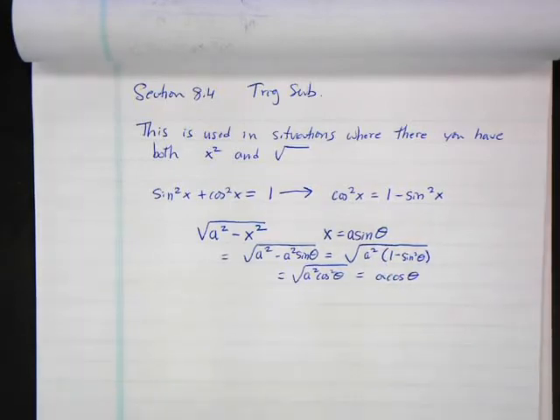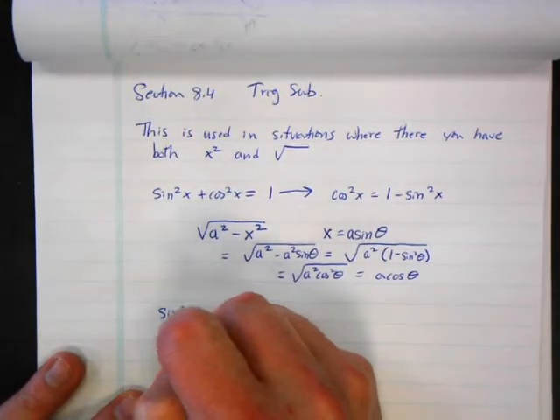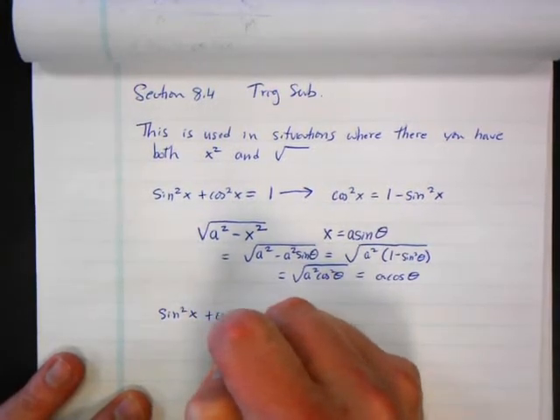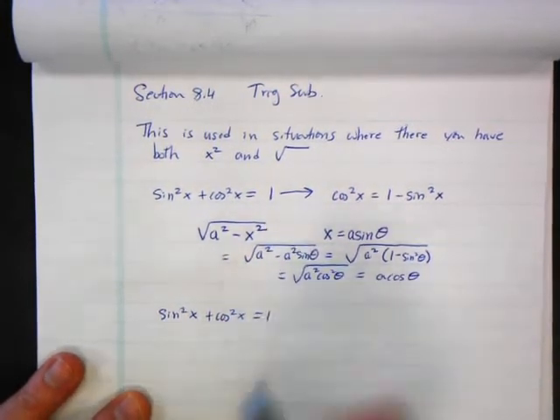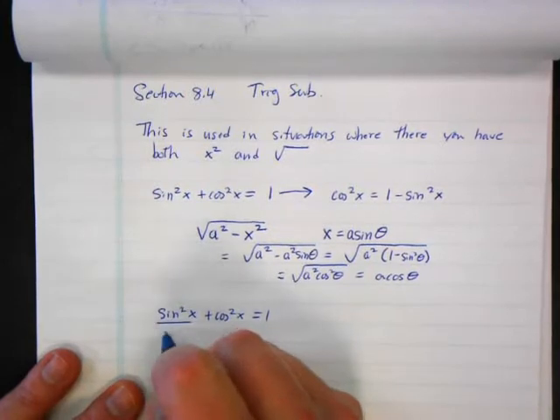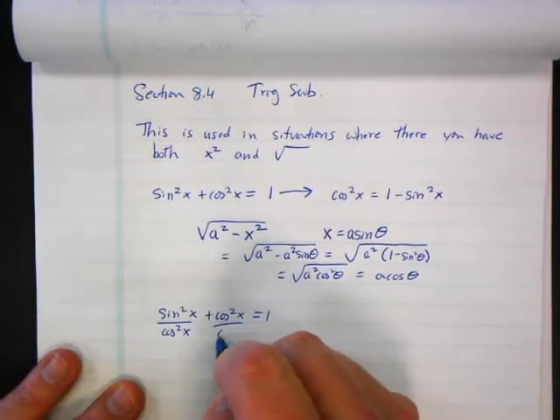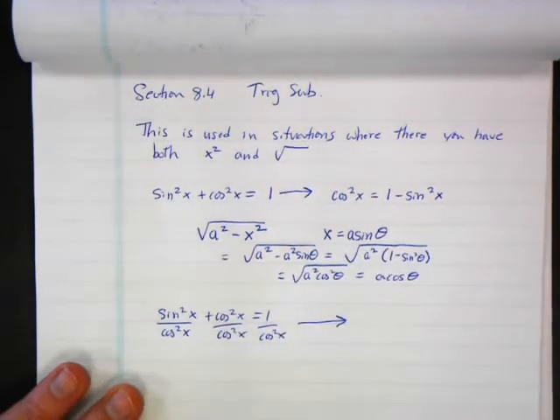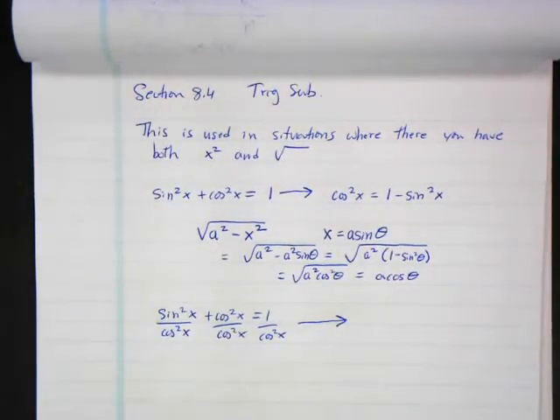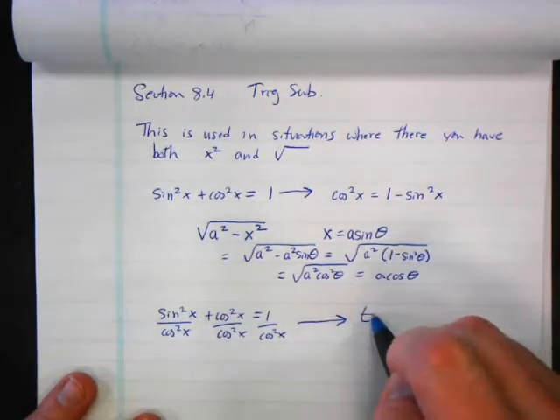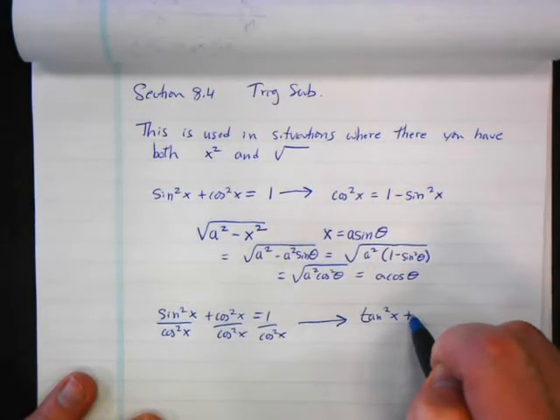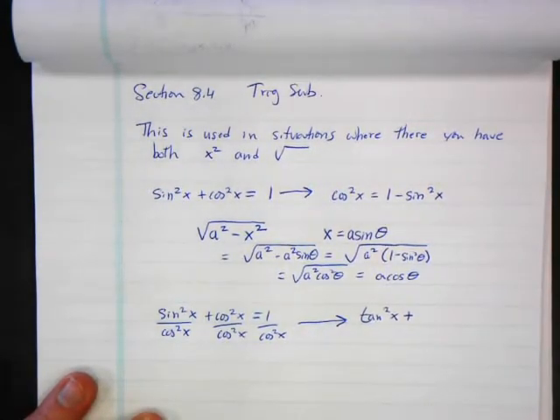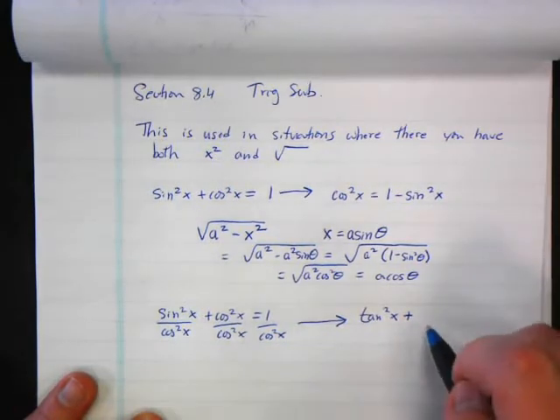Now, there are other forms of this Pythagorean identity. For example, if I take this Pythagorean identity and I divide everything by cosine squared, I get another form. What's sine squared divided by cosine squared? Tangent squared. That's tangent squared x. Plus, this is the easy one. What's cosine squared divided by cosine squared? 1.